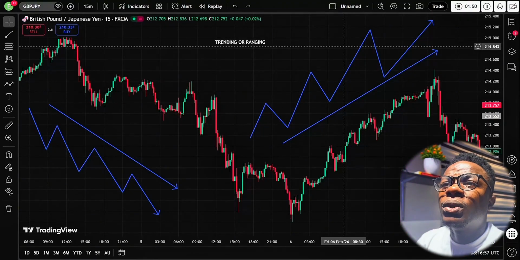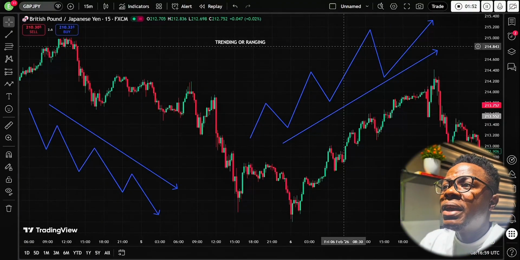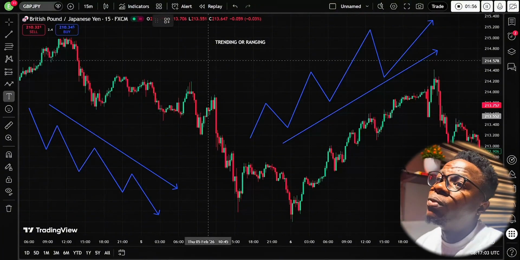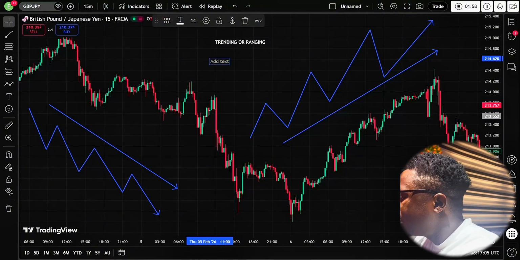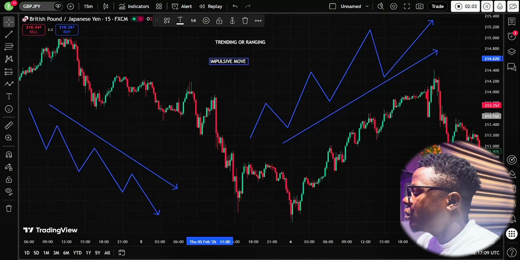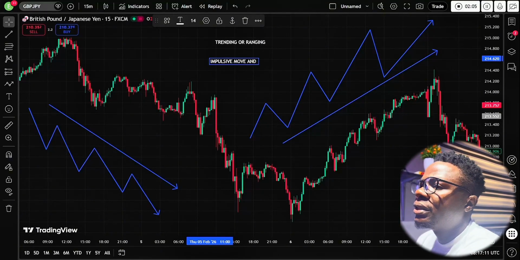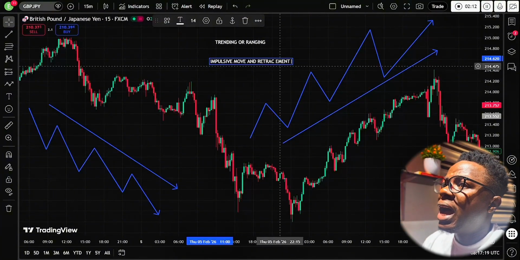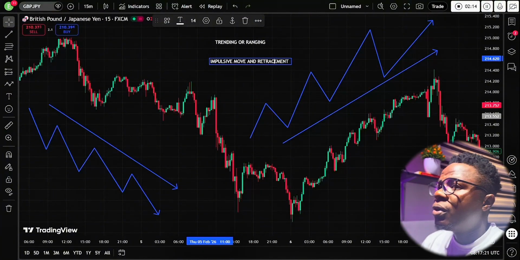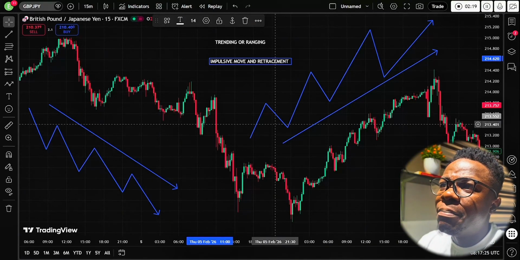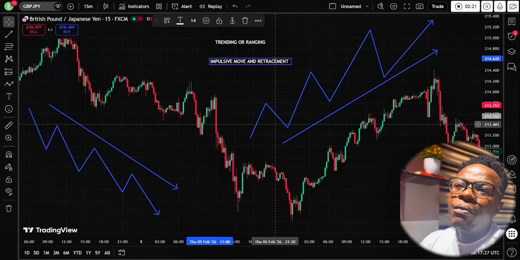Now, another thing you need to understand is that whenever the market is trending, it makes two types of move again. It makes the impulsive move and the retracement move, right? Now, what is the impulsive move? The impulsive move is a move in the direction of the trend.